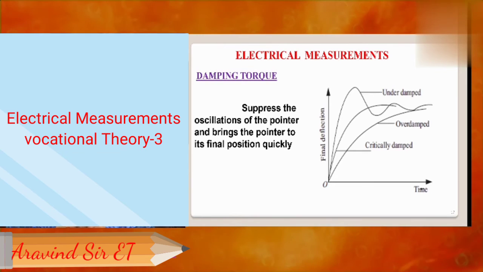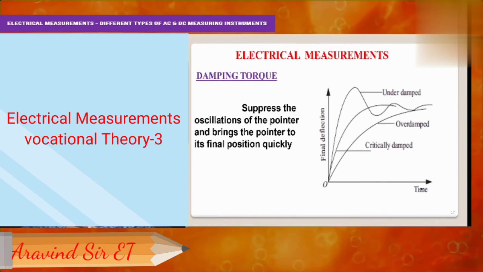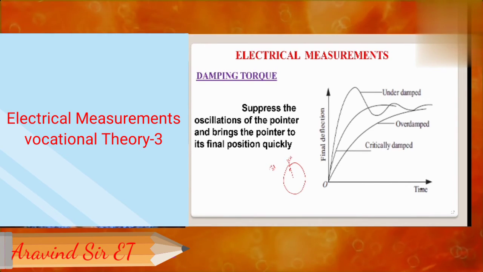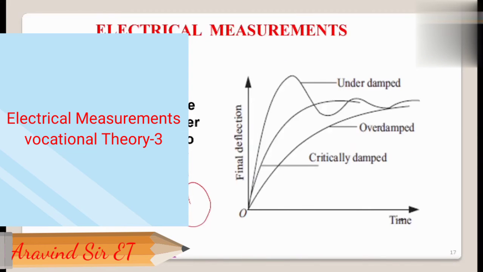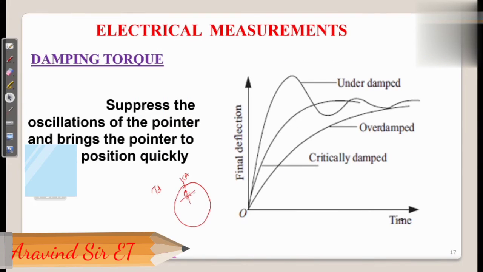Damping torque. What is meant by damping torque? For example, due to a magnetic effect or electrostatic effect, the deflecting torque is produced in a measurement. Here it will stop at a certain point, let us say 15 amperes. When it stops, controlling torque is equal to deflecting torque.